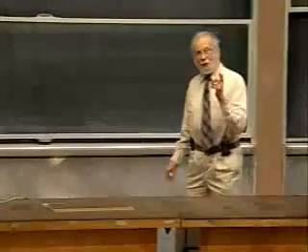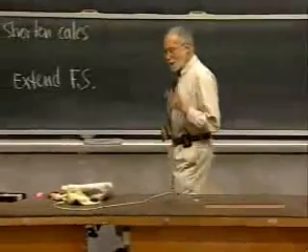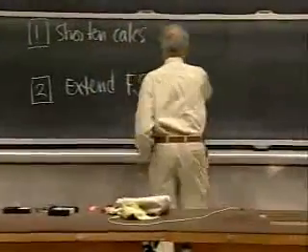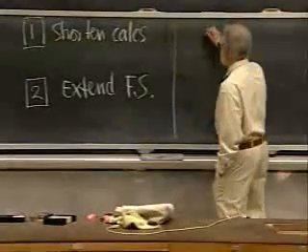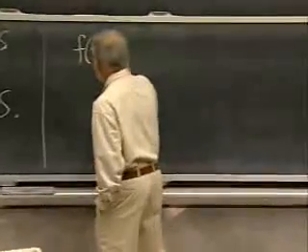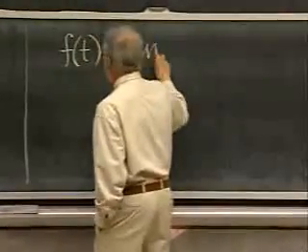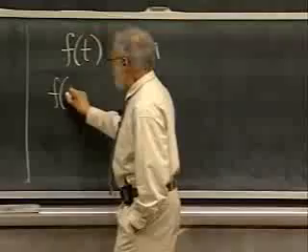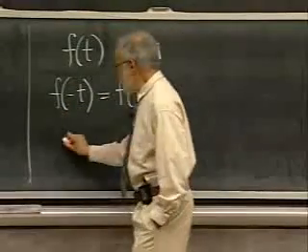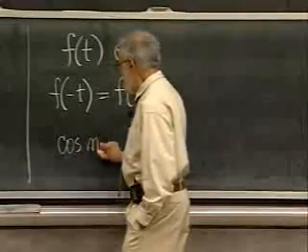Now, the main way of shortening them is by using evenness and oddness. And what I claim is this: if f of t is an even function, remember what that means, that f of negative t is equal to f of t. A good example, of course, is cosine nt.